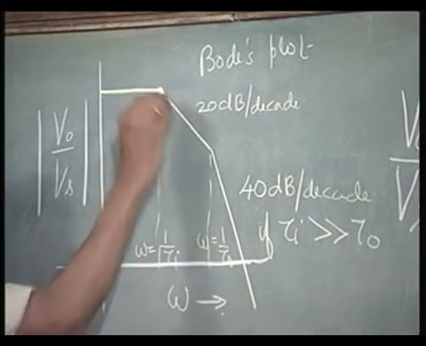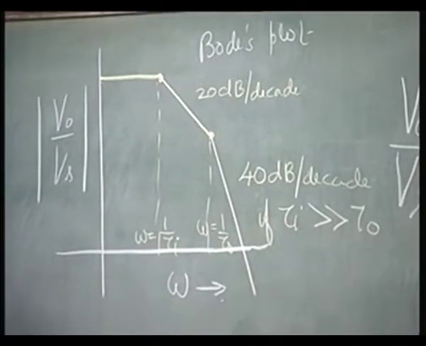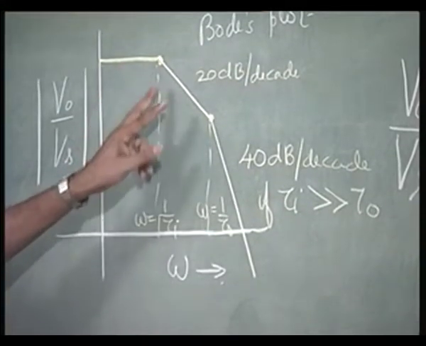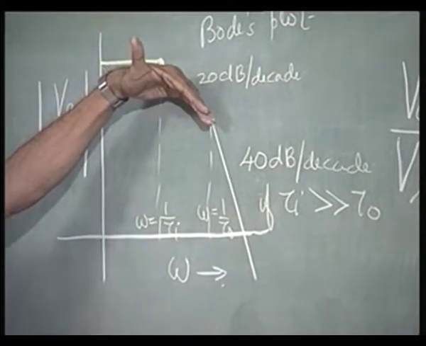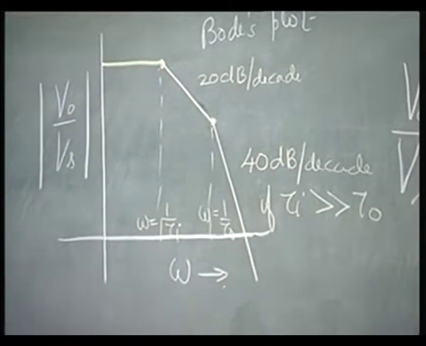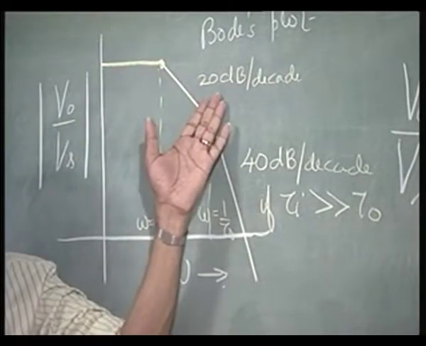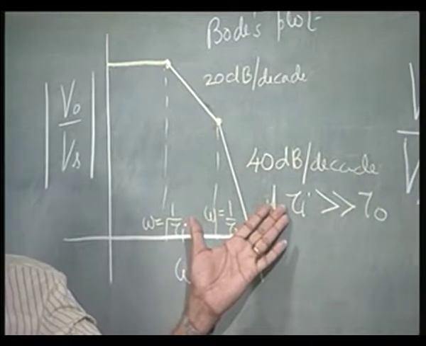These are called corner frequencies. In the last class we have understood, these are called corner frequencies. This fall off is at 20 decibels per decade, this is at 40 decibels per decade, or 6 decibels per octave, 12 decibels per octave.